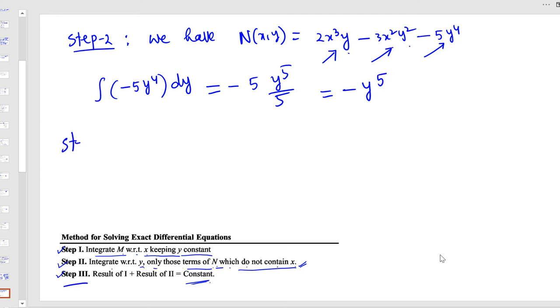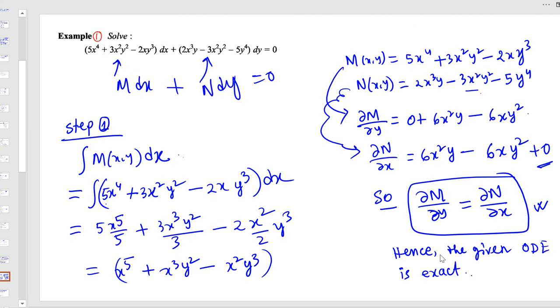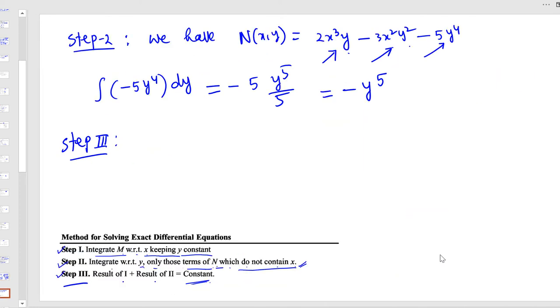Step 3 is result of 1 plus result of 2 equals constant. So from result 1 we have this one, and here we have result 2.